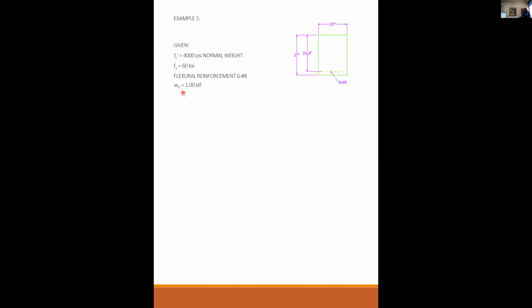I was asked about this during office hour because apparently the textbook is pretty consistent in doing it the other way, where the textbook always makes you figure out what the self-weight of the beam is. Again, just my opinion, just my judgment, but there's already enough stuff to figure out.